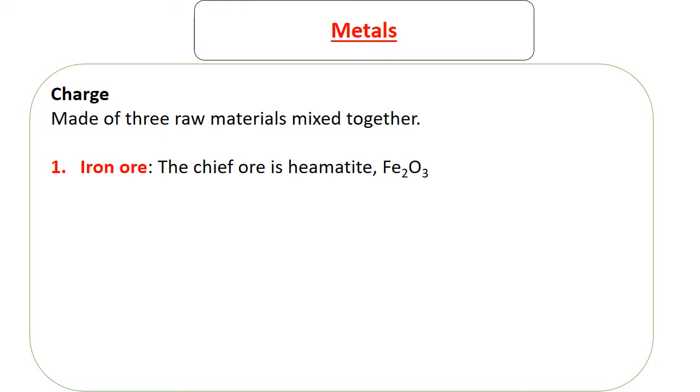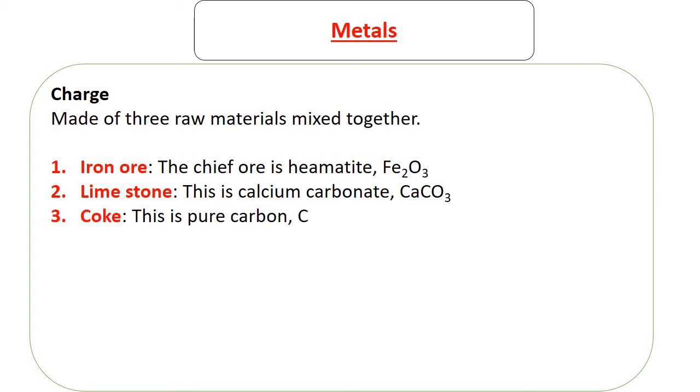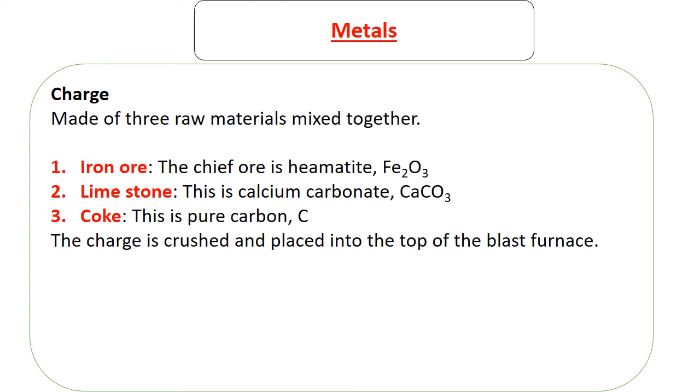The chemical formula is Fe2O3. The second raw material is limestone, which is calcium carbonate. The third is coke, which is just pure carbon. This charge is crushed and placed into the top of the blast furnace. It is then roasted in air. By roasting, it means it is heated in air.